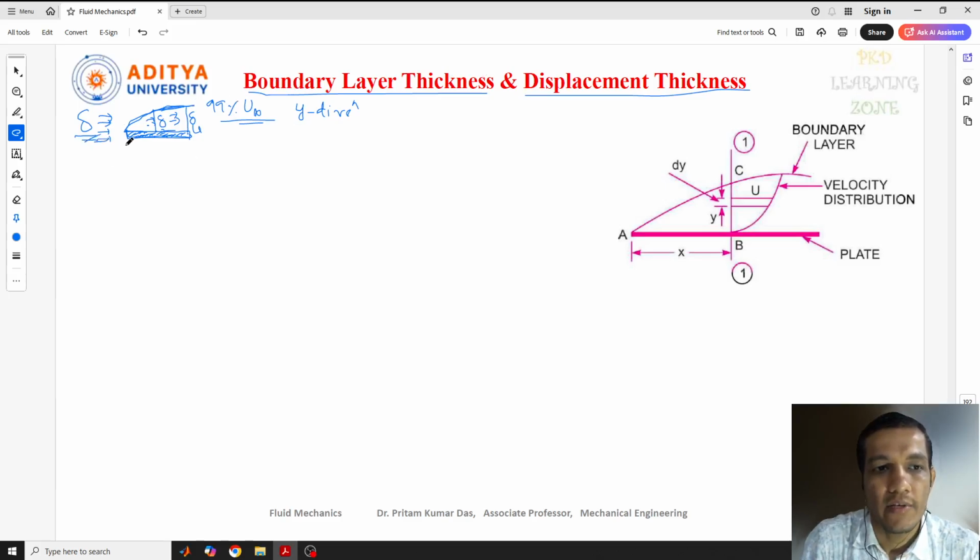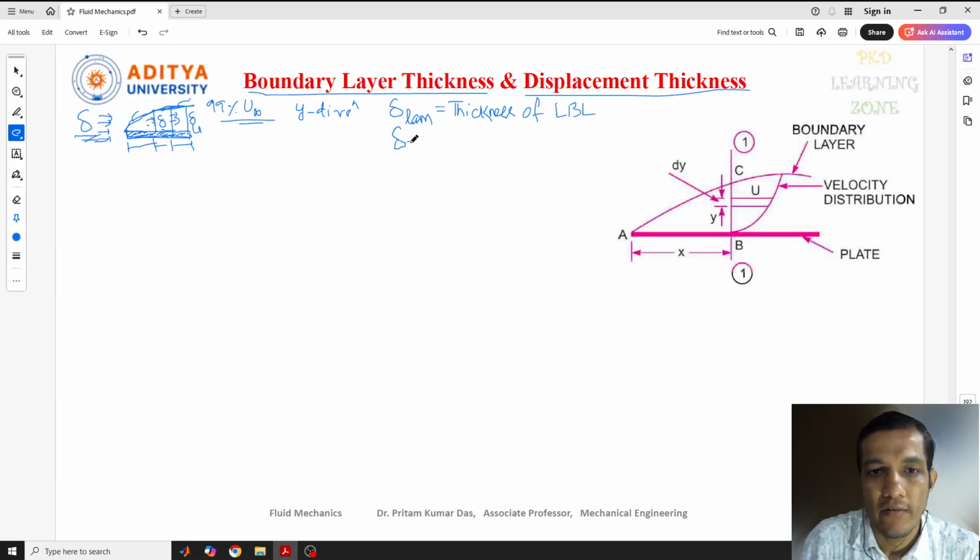In the last lecture, we saw the laminar zone and the laminar boundary layer; next to that is a transition zone, and after that the turbulent zone and turbulent boundary layer. So delta will be different for each of them. For laminar, we write delta laminar, which is the thickness of the laminar boundary layer.